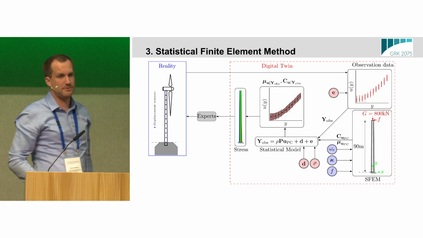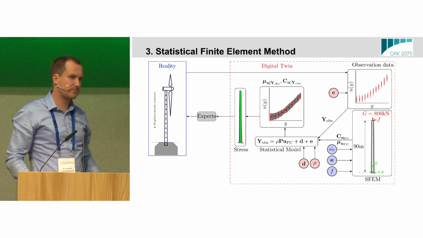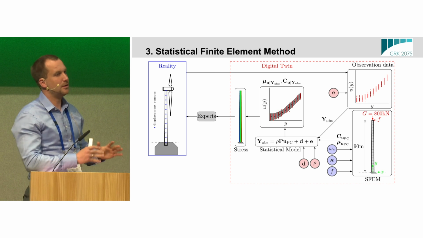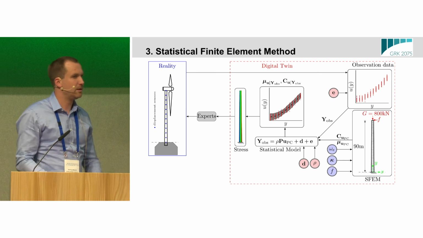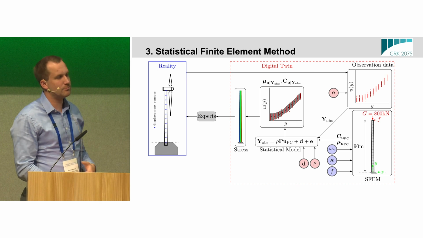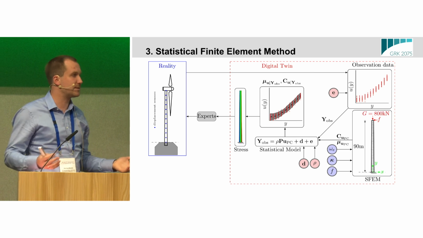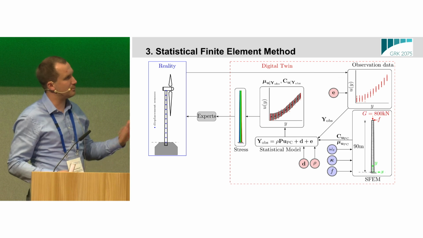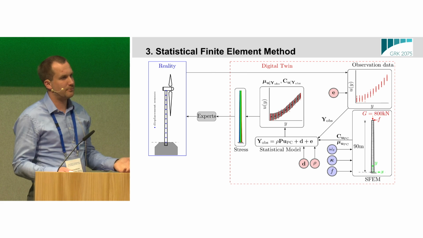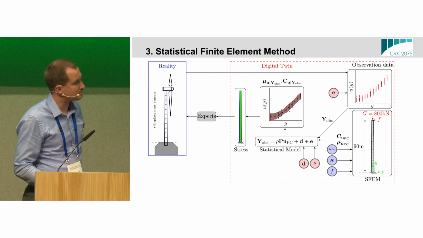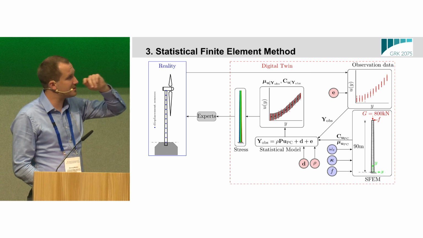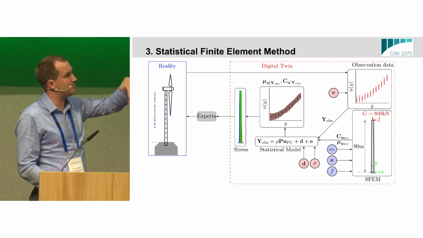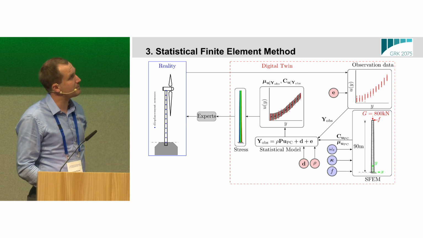On the left, we have observation data. It's discrete, not continuous. In order to compute stresses, we would need a continuous ansatz that we don't have. But in the finite element simulation, we do have a continuous ansatz. We have these ansatz functions, so we can also compute stresses. But the finite element solution is not correct. So we update our finite element solution based on the statistical model, based on these hyperparameters that we determine in an optimization problem.